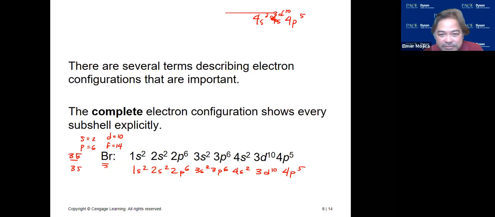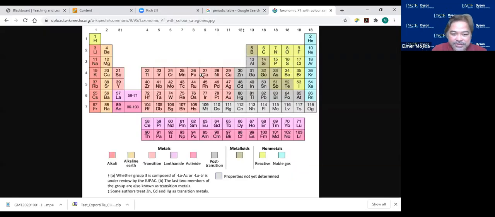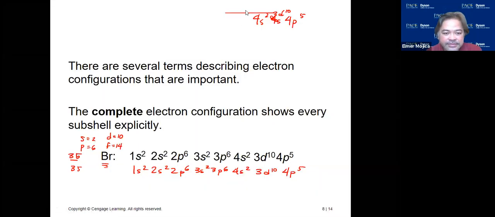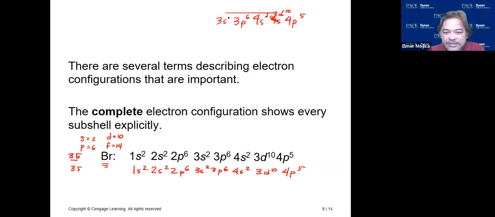You might ask, where is the 3d10? If you look at the periodic table, this is the 10 that you have here. 1, 2, 3, 4, 5, 6, 7, 8, 9, 10. So what is before 4s2? That could be a 3p6, a 3s2, and then a 2p6, a 2s2, or a 1s2.